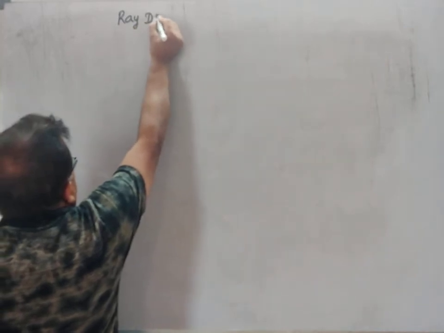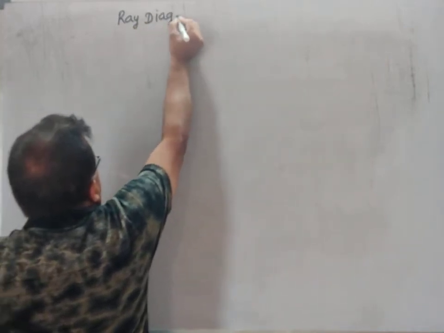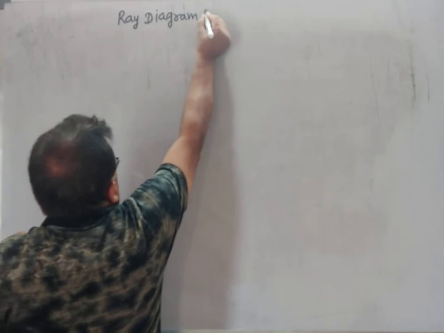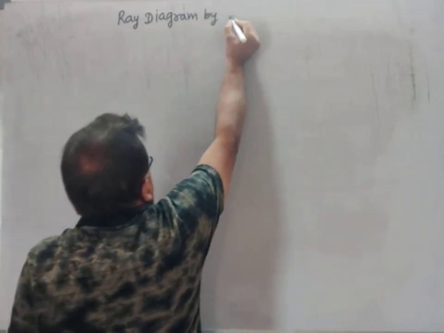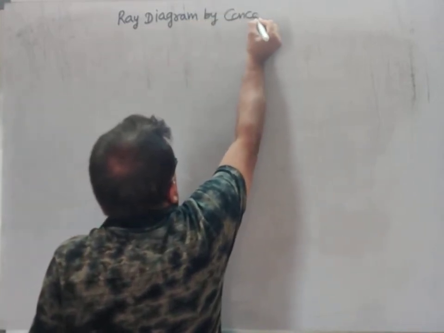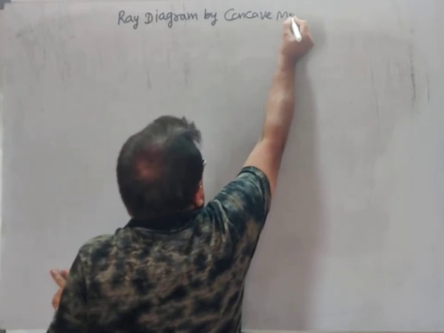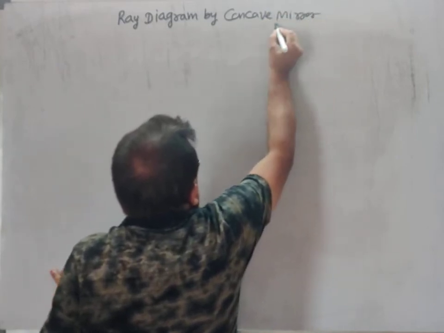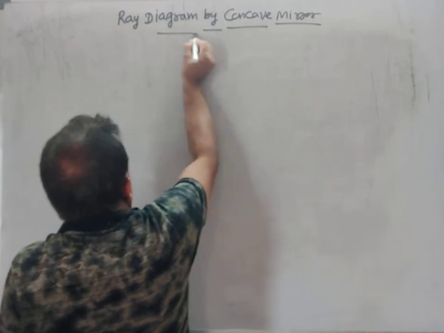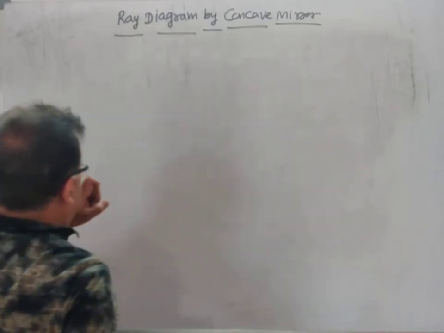Ray diagram at first by concave mirror, which is a type of spherical mirror.